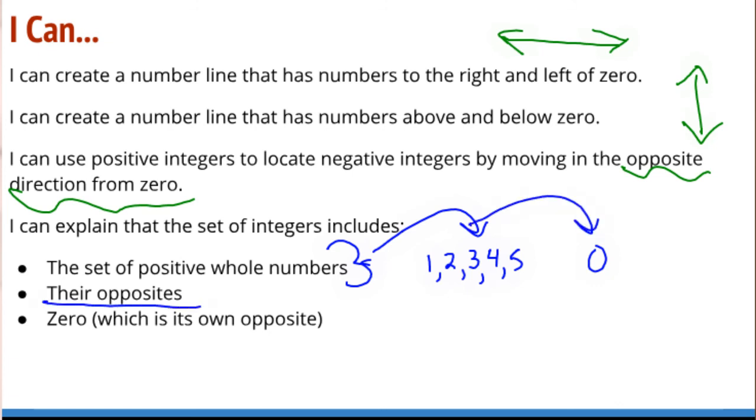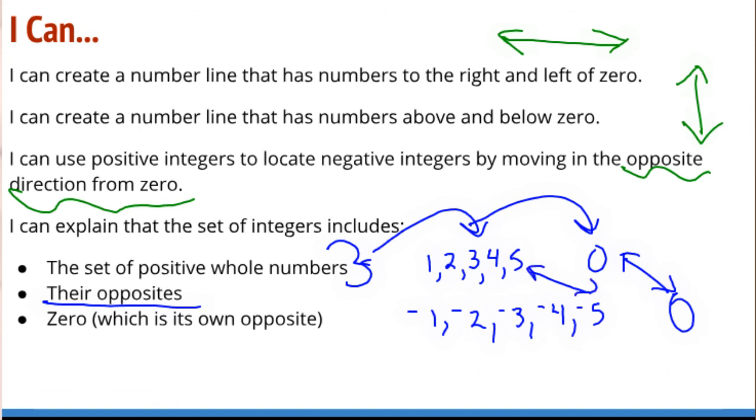We included their opposites, -1, -2, -3, -4, -5, and 0, which is its opposite. So integers are our counting numbers and 0, and the opposites of the counting numbers and the opposite of 0.